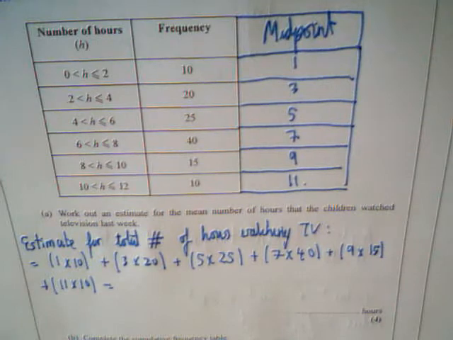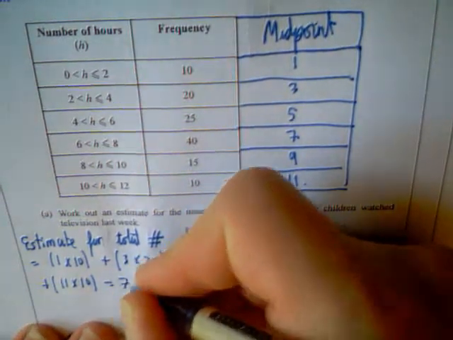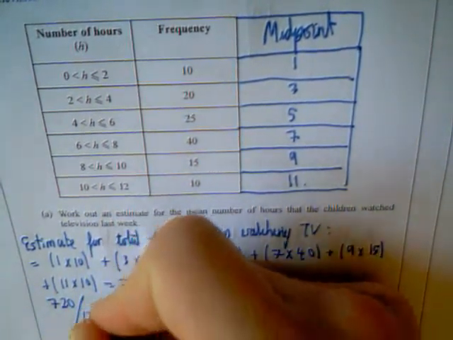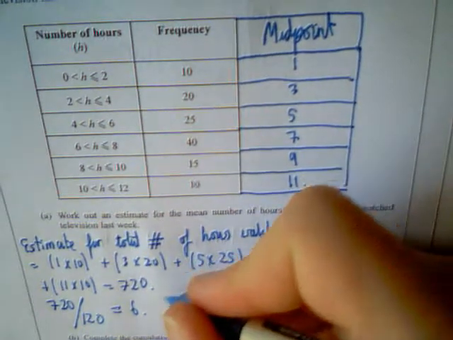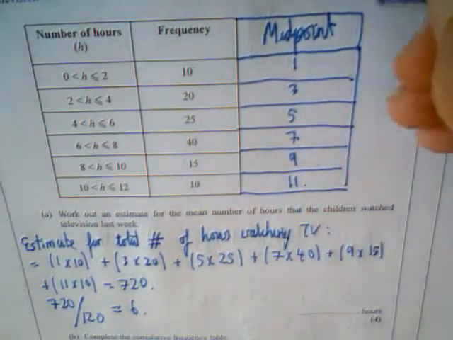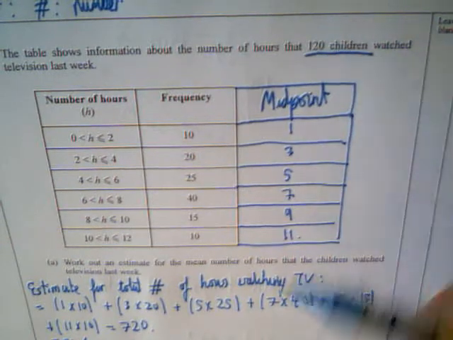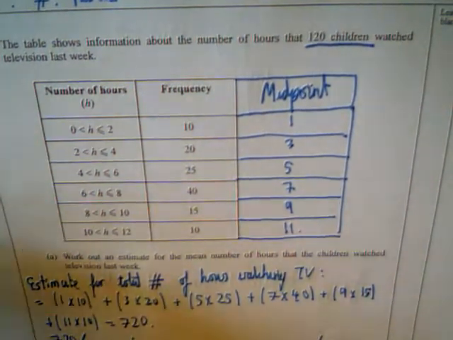So we get 10 plus 60 plus 125 plus 280 plus 9 times 15, that's going to be 135, plus 110. This is 720. So then we divide this 720 divided by 120, and then we get 6, where 120 is the total frequency. So it's going to be 6 hours.